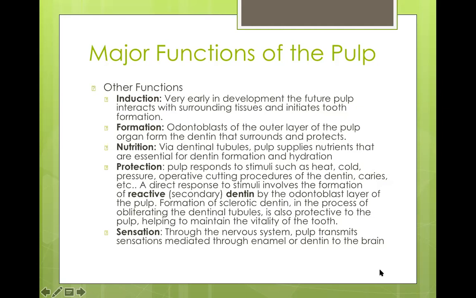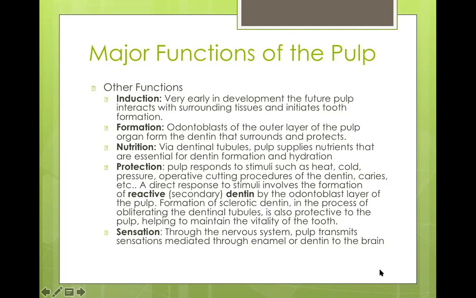The pulp would also respond to heat, cold, pressure, operative procedures, and caries, and the direct response is to stimulate the formation of reactive dentin or sclerotic dentin. This is to obliterate the dentinal tubules and pretty much protect the pulp. And the pulp reacts that way to help keep the vitality of the tooth.